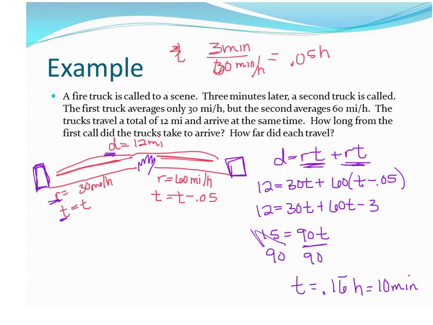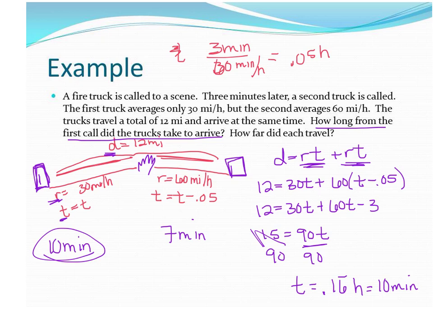So fire truck number 1 took 10 minutes, which means fire truck number 2 took 7 minutes because he had 3 minutes less. How long from the first call did the trucks take to arrive? Well, it is 10 minutes total. How far did each travel? If we plug each one back into its own d equals rt, 30 times 1/6 is 5 miles.